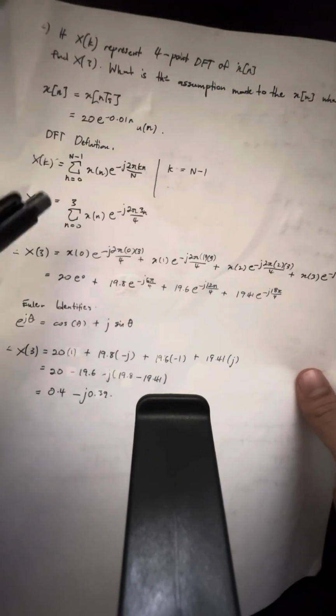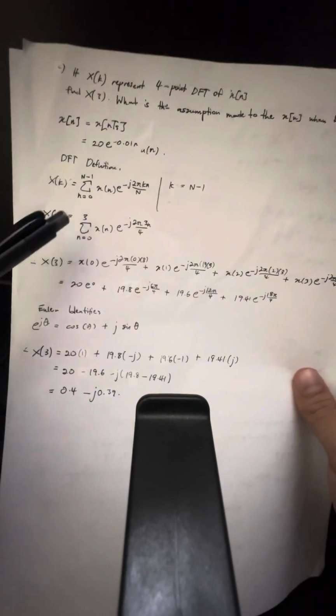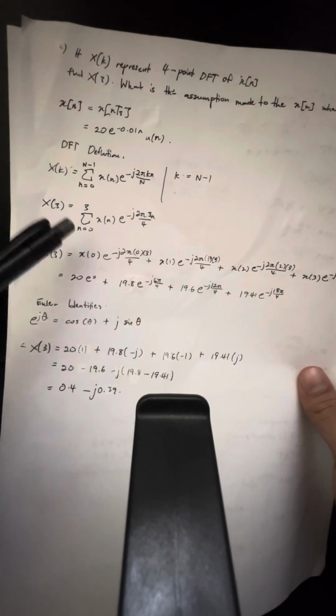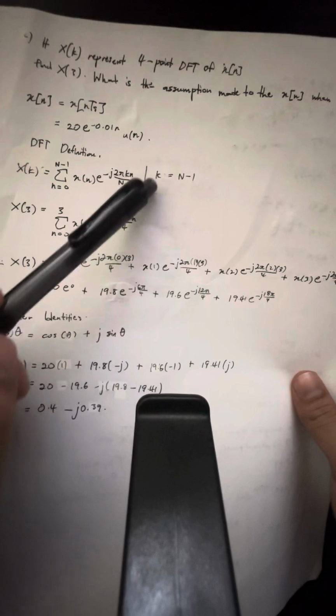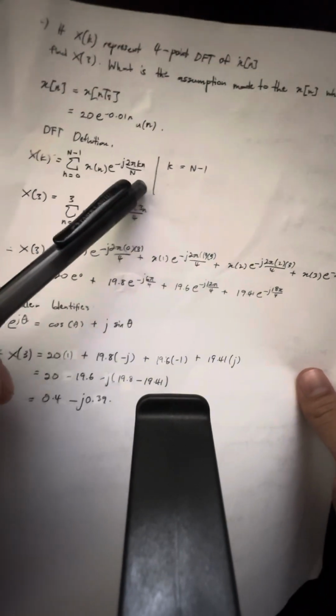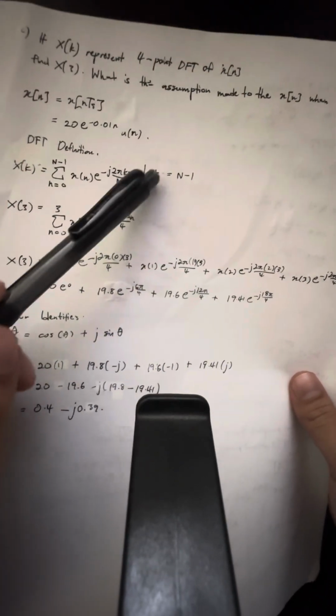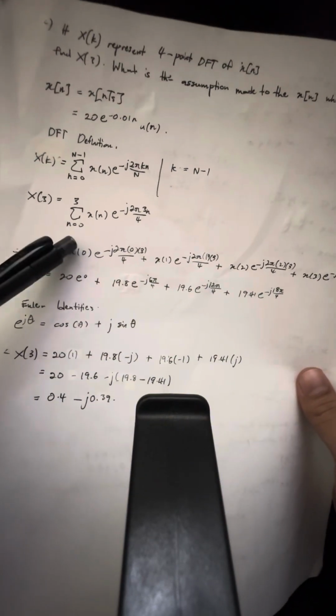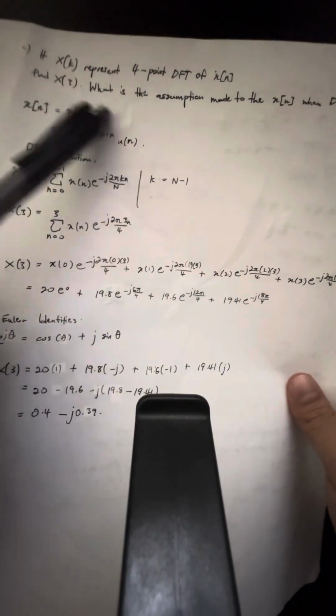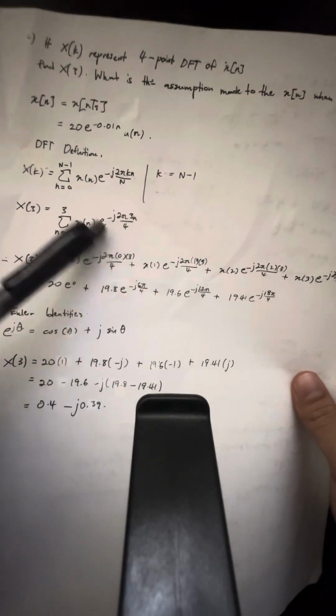And when k is equal to 3, we just plug it in straight away. We do it up until 3, because X of k is this one, because we have this definition, with k up to n minus 1, so we just plug it in, and then we start at n equals 0, x of n, our signal, times some variations of exponentials.